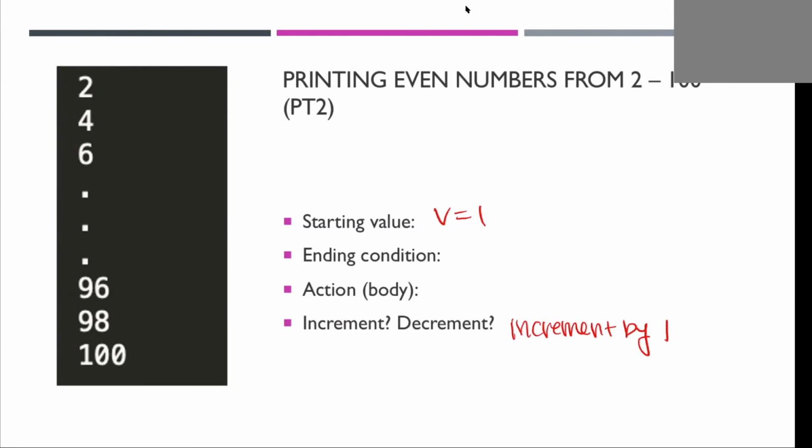So instead of our old action, if you start off at v is equal to 1 and increase by 1, you'll have v is equal to 2, then v is equal to 3, then v is equal to 4, and you keep going. What should we implement so that we only print the numbers we want, specifically the even numbers?